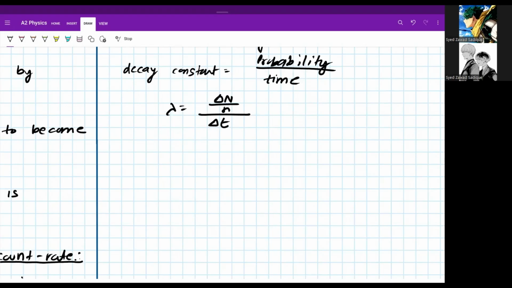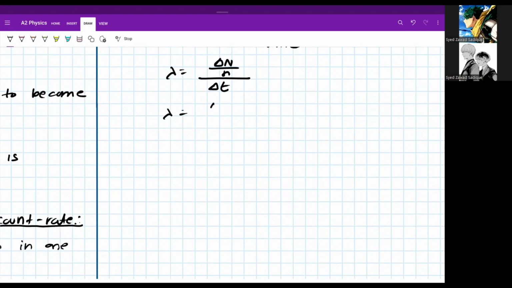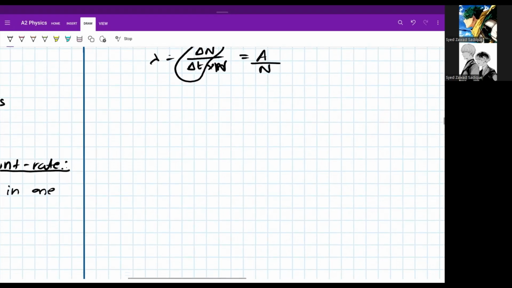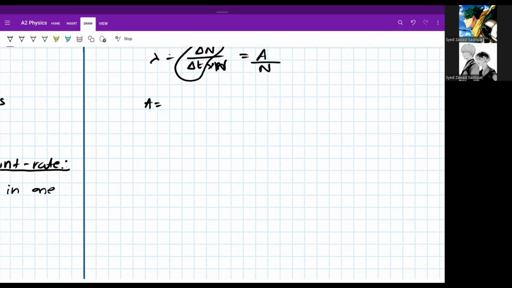We can write delta n by delta t times n. So delta n over delta t is equal to activity, so you can say activity divided by N. Therefore, you can say A equals lambda N.